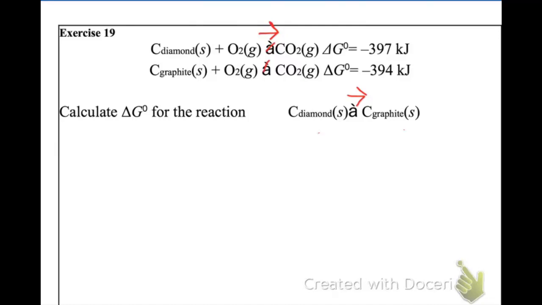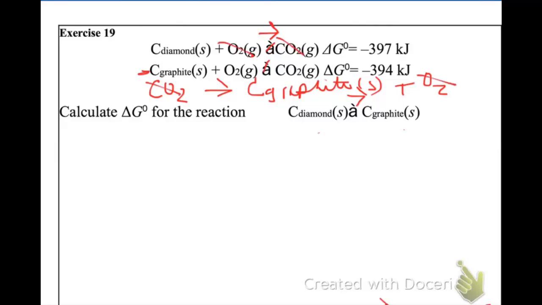So we're going to use basically Hess's law, right? In order to do that, we have to rearrange the equations to get just what we want. So I can reverse the second reaction, and when I do that, I also have to change the sign of the energy, and I can cancel out everything that's common.